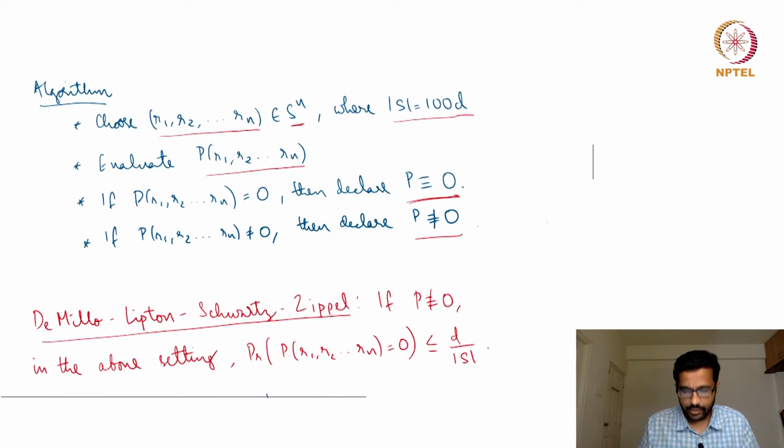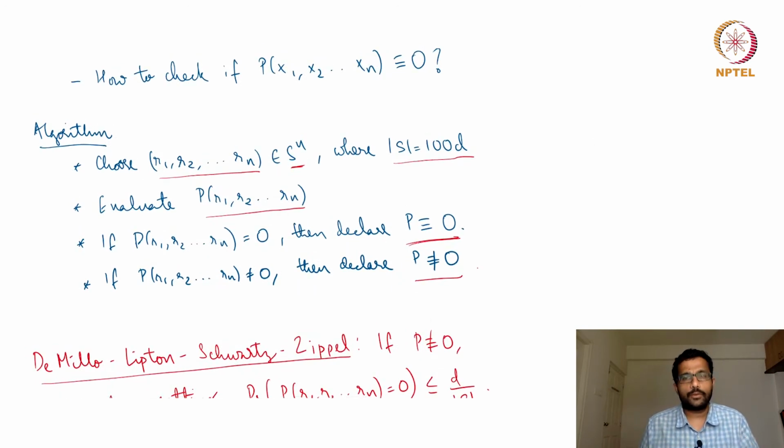So there is a probability of unluckily choosing the bad R1, R2, etc. which evaluates to 0, even though the polynomial itself was not the zero polynomial. So you may incorrectly output that the polynomial is 0 when the polynomial is not 0. That is the only possibility of error.